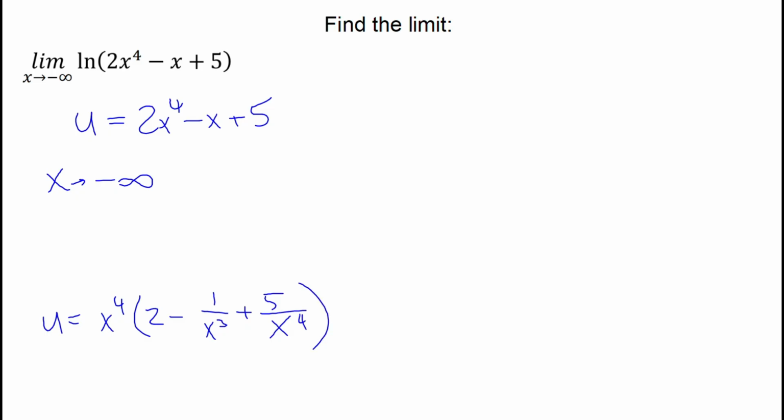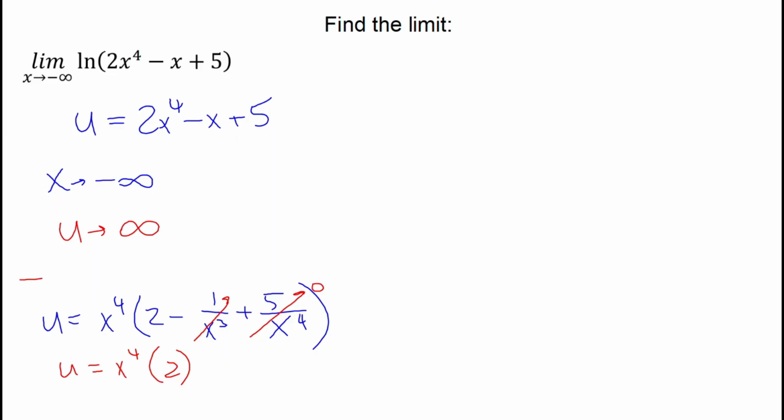Then we can see that as x goes to negative infinity, this is like 0 and this is like 0. And so we just end up with u is really just like x to the fourth times 2. Well, if x is negative infinity, then that would be negative infinity to the fourth, which is positive infinity.